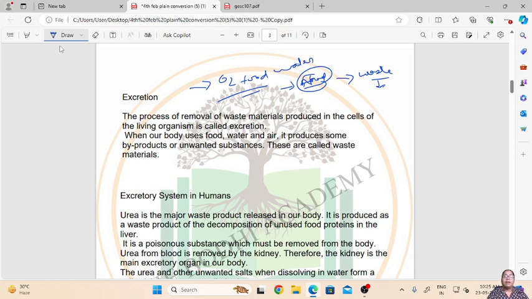Now let us see how excretion takes place in human beings. For that, in human beings there is a specialized system called the excretory system.